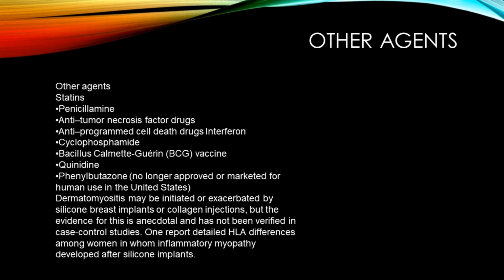Dermatomyositis also may be initiated or exacerbated by silicone breast implants or collagen injection. But the evidence for this is anecdotal and has not been verified in case-control studies. One report only detailed etiological differences among women in whom inflammatory myopathy developed after silicone implants.